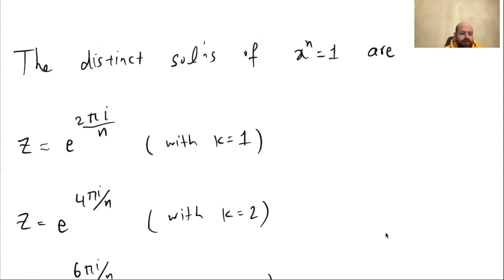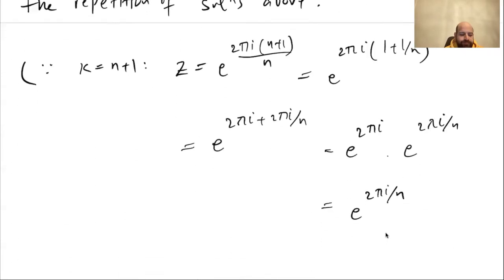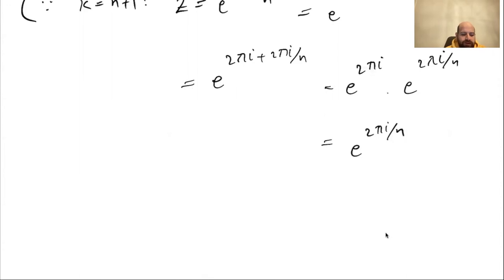E to the power 2 pi i over n was the solution corresponding to k equals 1. This is the same as the solution corresponding to k equals 1.